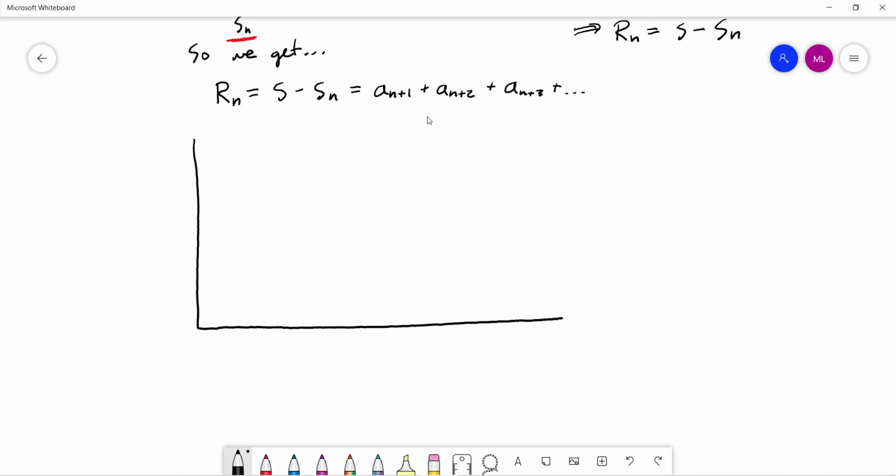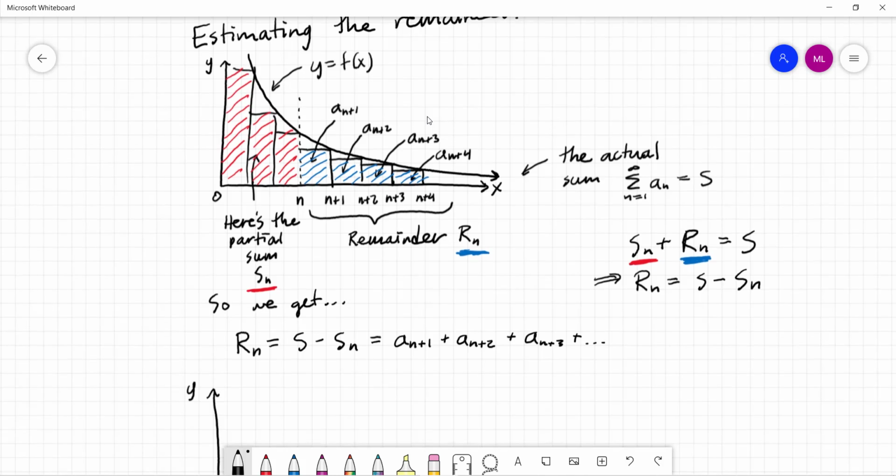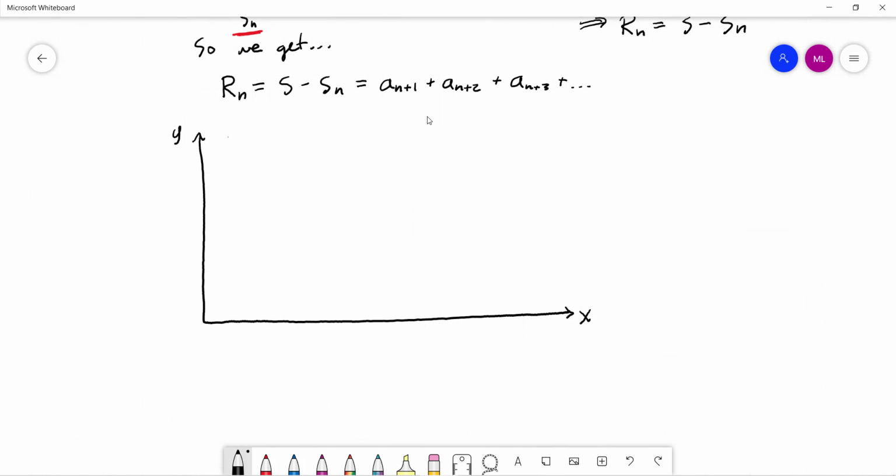So let me draw the same curve. Here's our hypothetical. Let me just make sure I make it look vaguely similar. Assume this is the exact same curve. So again, this is y equals f of x. And here's our point n right here.